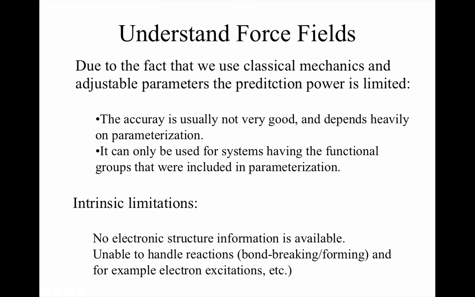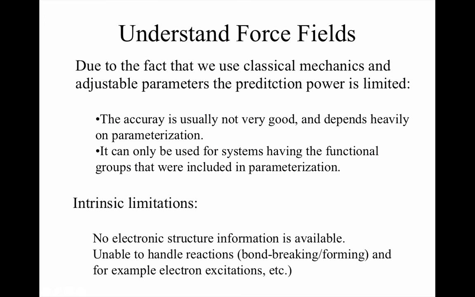Usually we use molecular mechanics for calculating energies, especially relative energies between different conformers of molecules, and we also use it to predict which conformer is the most stable one. You should also be aware that molecular mechanics cannot be used for systems having functional groups or atom types that were not included in the parameterization, simply because we don't know which parameters we should put on these atoms. So indeed there are some intrinsic limitations.